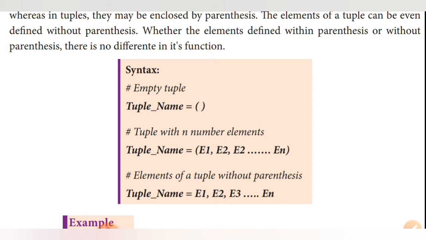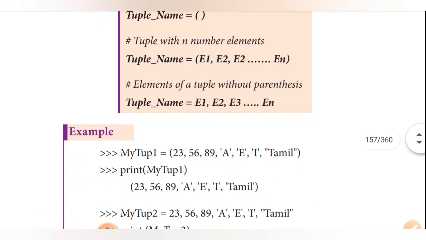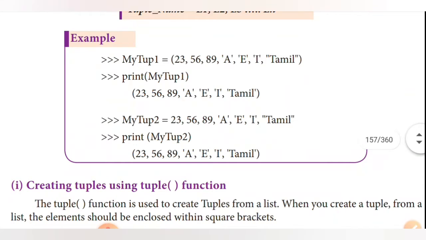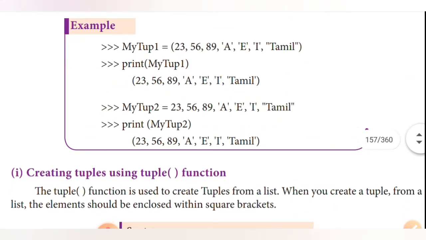Now let's see an example of a tuple. Here my tup1 is the name of the tuple variable. My tup1 is equal to 23, 56, 89, 'A', 'E', 'I', 'Tamil'.